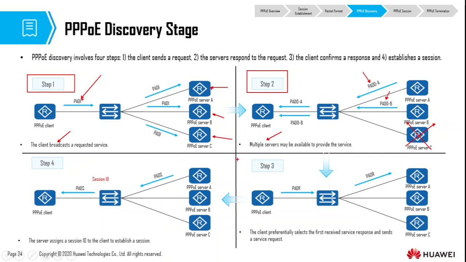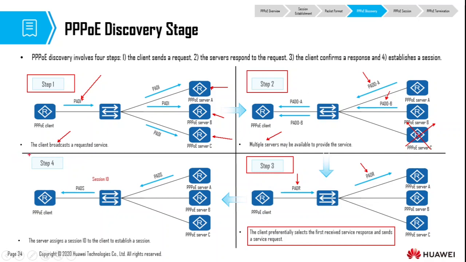Now, on step number three, the PPPoE client is going to preferentially select the first received service response and send a service request using which packet? PPPoE Active Discovery Request packet. So it's going to send a unicast PADR packet to the one server whose offer it received first.